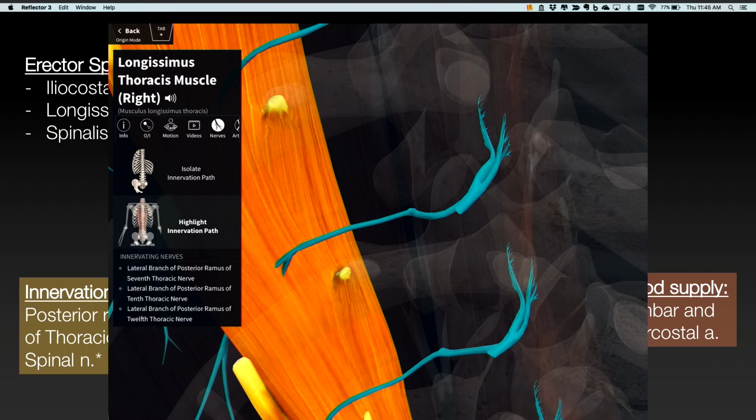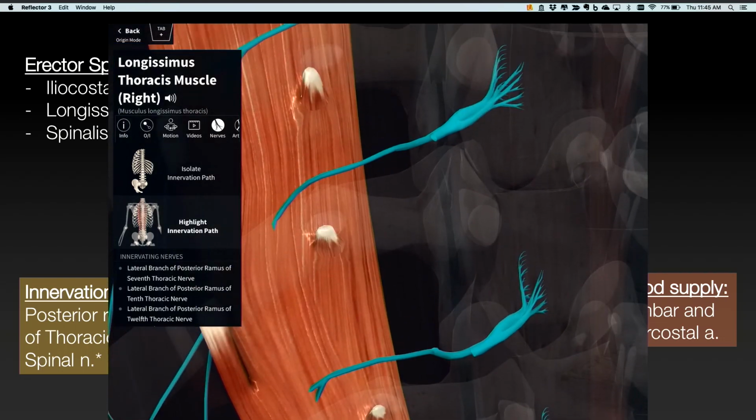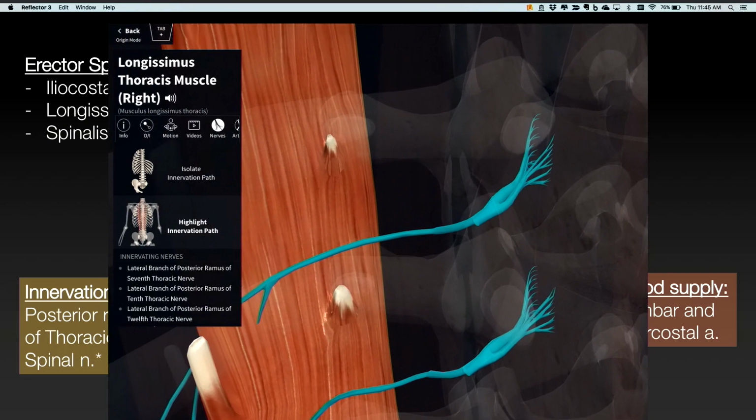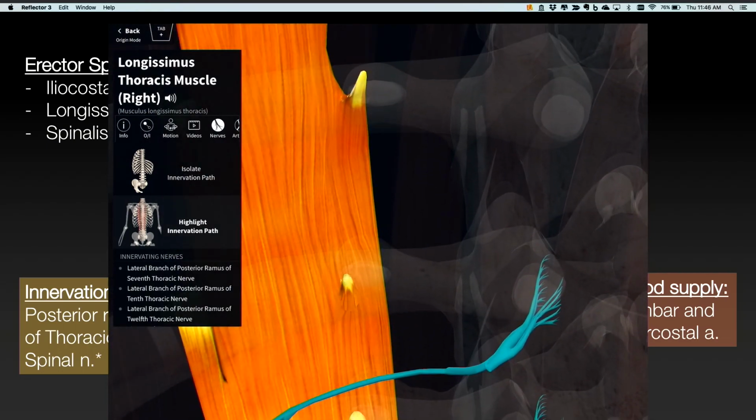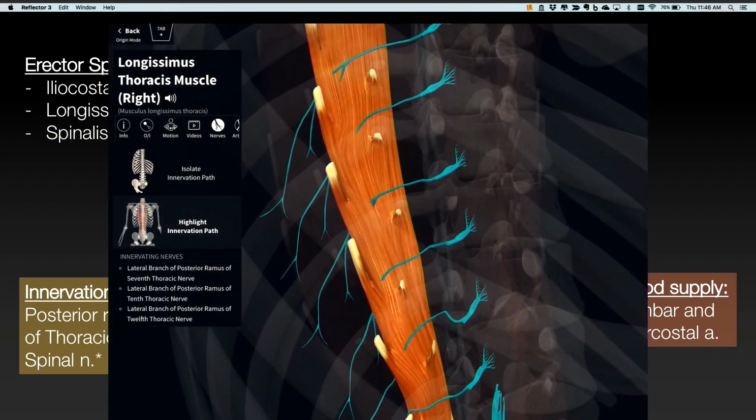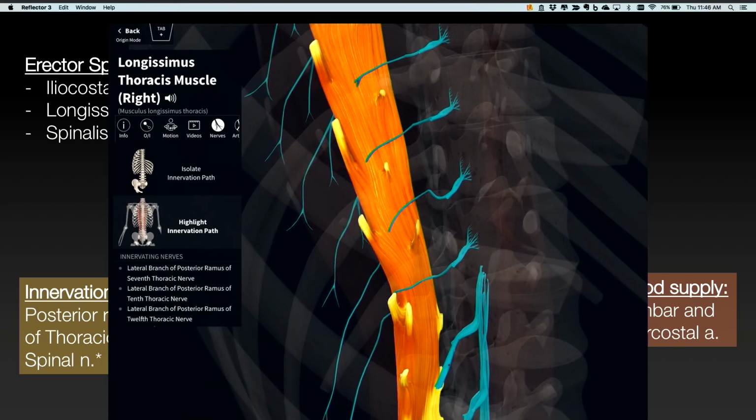So you can see the section at the front, sort of at the front right of the screen, that's chopped off. That would have been the anterior ramus. It's gone. You're not needed right now. The posterior ramus is what's shown here, piercing longissimus and innervating it, activating it.